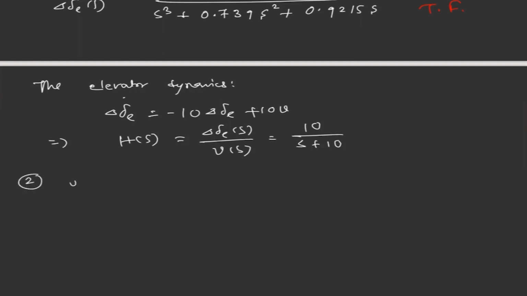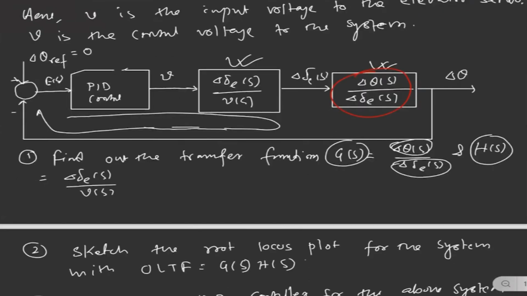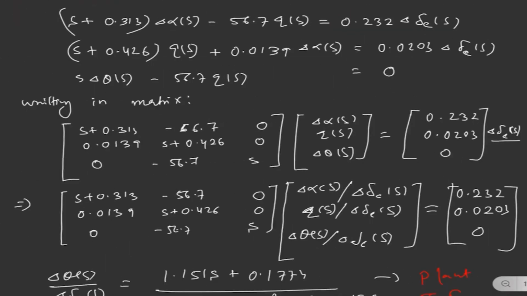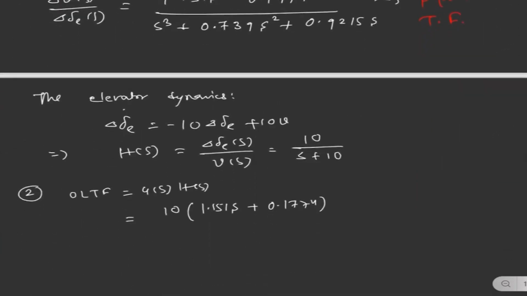So here the OLTF we can consider as G(S)H(S), which is 10 into (1.151 S plus 0.1774). I'm assuming in the control we are having a gain K, initially using some K, which we'll find from the root locus.